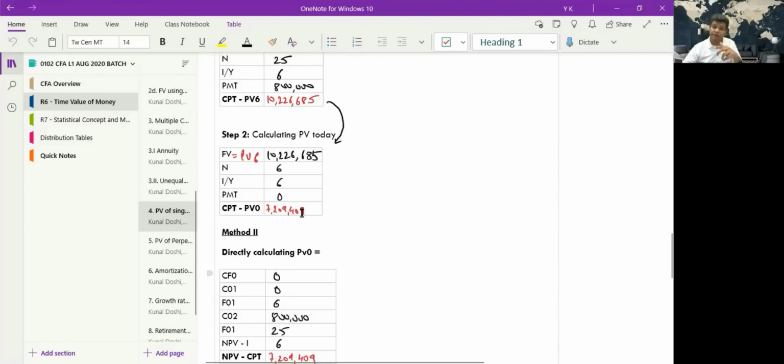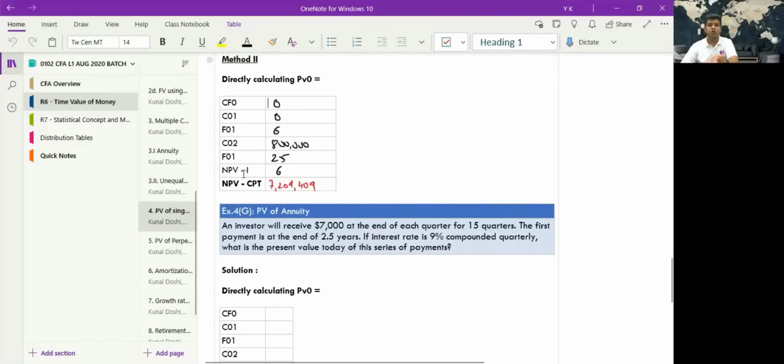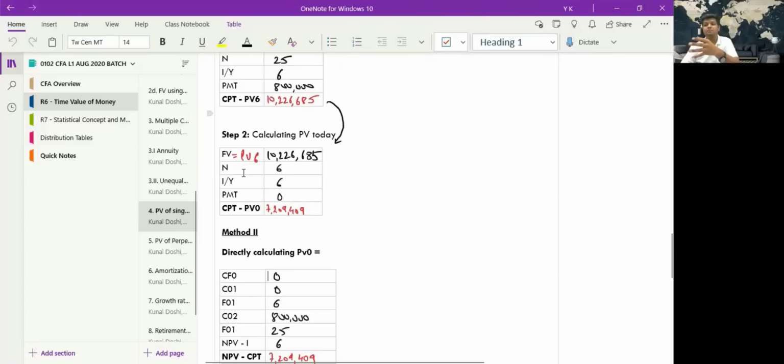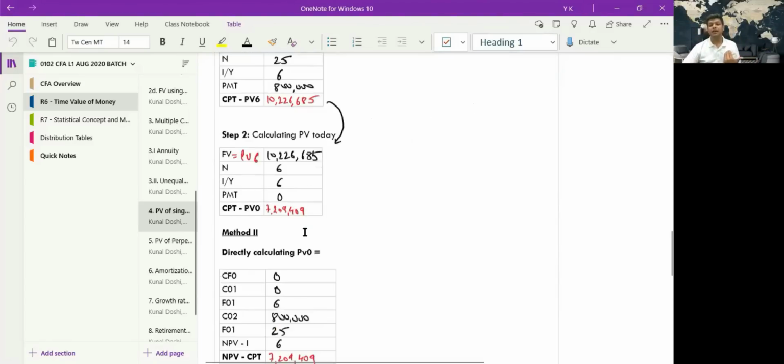So then you may have to do the first method also, wherein you first find PV6 and then PV0. Clear? If they directly ask you PV0, guys, then you can directly do the cash flow function and get PV0. But in case they ask you PV6, then you will first have to calculate PV6 through the PMT function and then pull everything back to PV0.